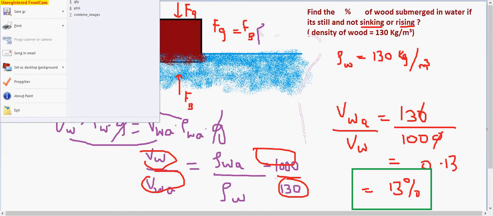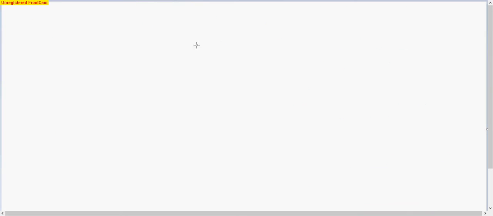I'll have to clear this and take a new page. Since I have some time left, I'll be teaching a new thing which you're not familiar with. You might have probably heard about this thing, flux. Now, what is flux?